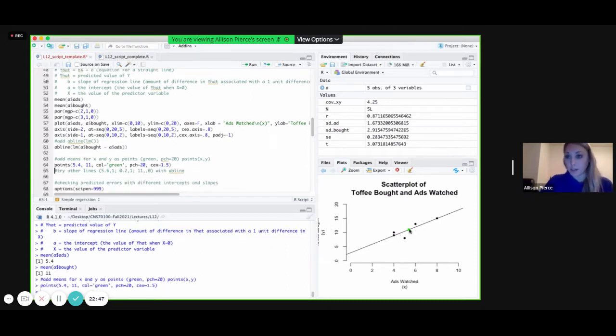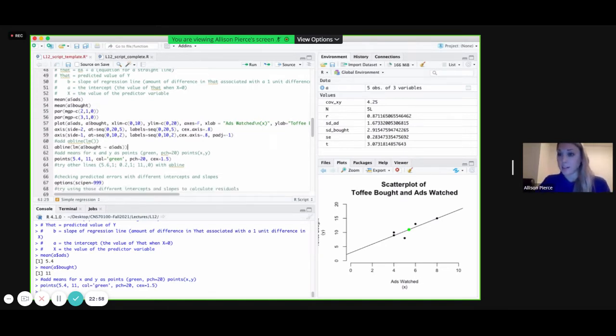So now you see here, this is where our mean is. You see how our regression line intersects our mean. Our mean is not a data point, and that often happens, right? Your mean doesn't have to exist within your data set, but our regression line intersects that mean. So we could try other lines that also intersect our means.